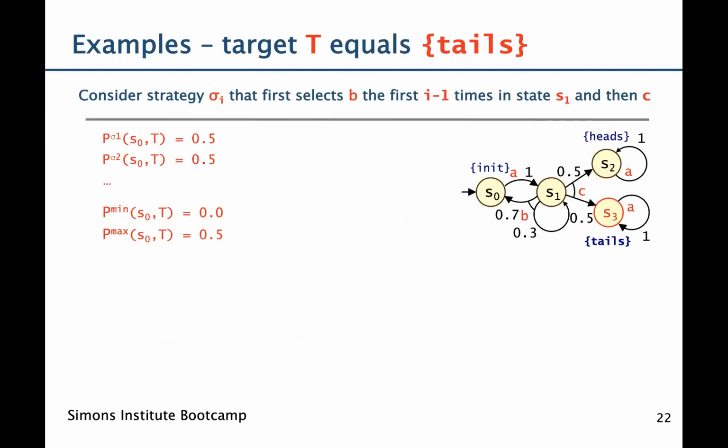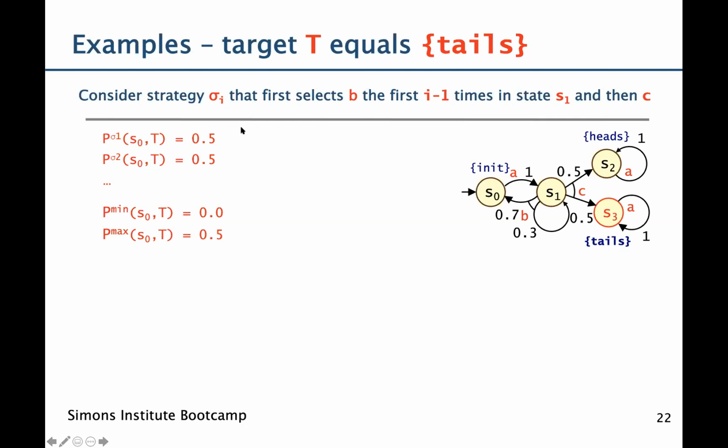So let's first look at 2 examples. Let's first look at this simple MDP we saw earlier, and let's consider the probability that we reach the target set tails. So if we consider our strategy from before, sigma i, it selects B for the first i-1 times in state S1, and then selects C. So sigma 1 selects C the first time that it's in S1, so we go from S0 to S1, and then with probability 1/2 we end up in S3.